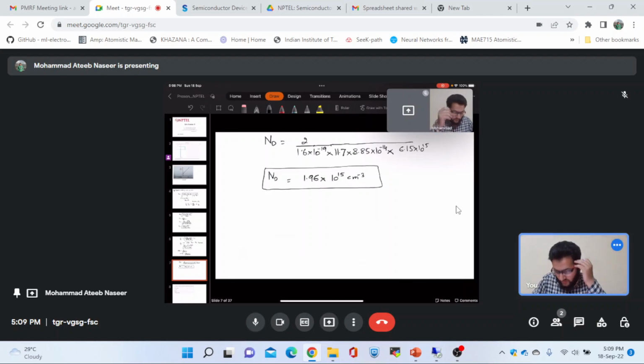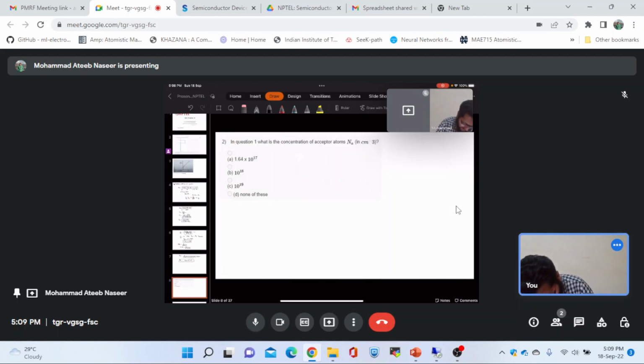Now let me move towards another problem which states: in question 1, what is the concentration for the acceptor atoms? So there is a simple way to go about this.